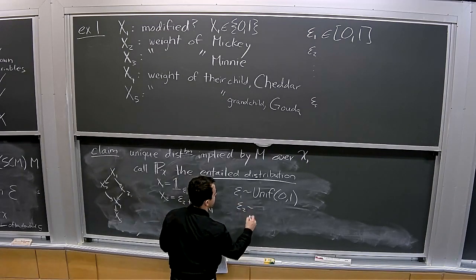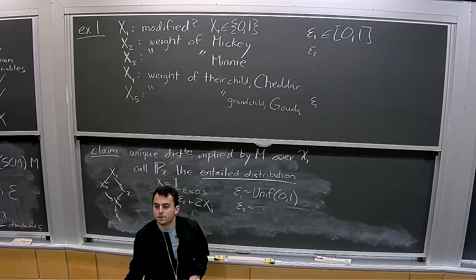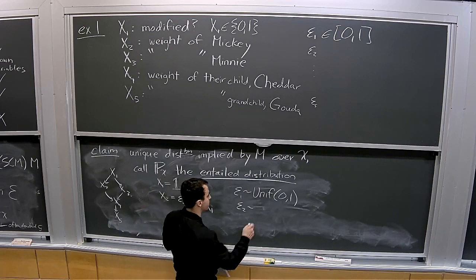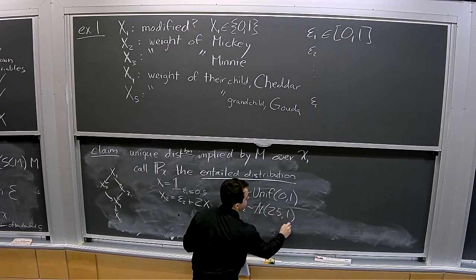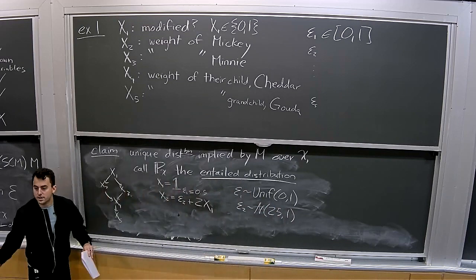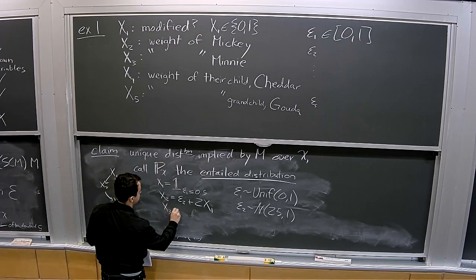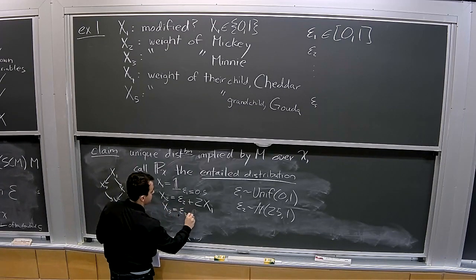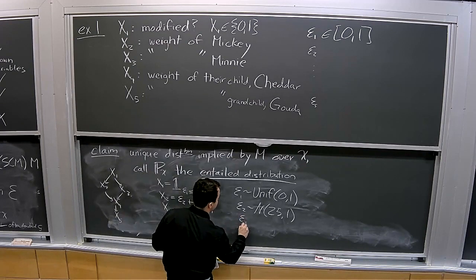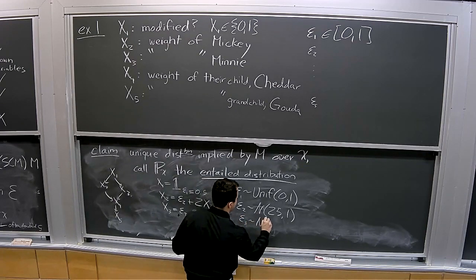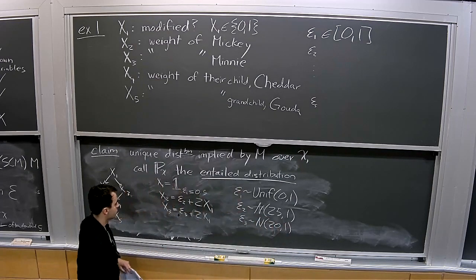So maybe for Mickey, I always draw my mouse that I'm going to call Mickey from a population of male mice, and maybe their weights are a normal distribution with mean 25, variance 1. Similarly, with x3 of epsilon 3 plus 2x1 will be its causal mechanism. And this could be, say, a normal distribution with mean 20 and variance 1.